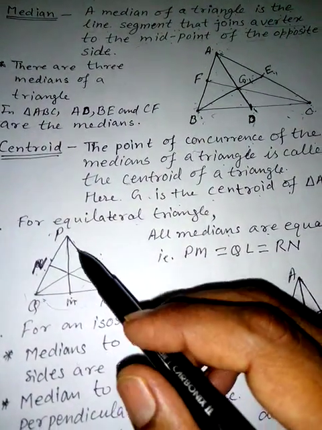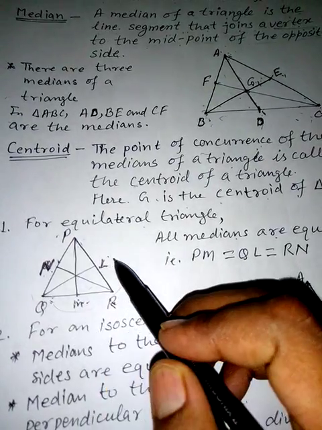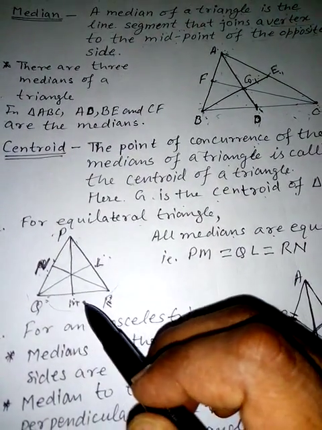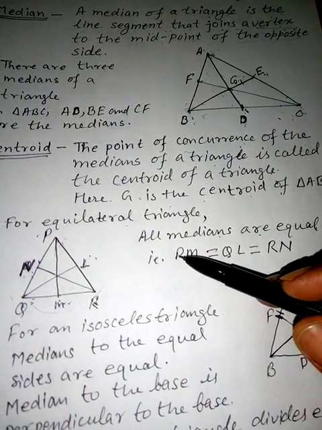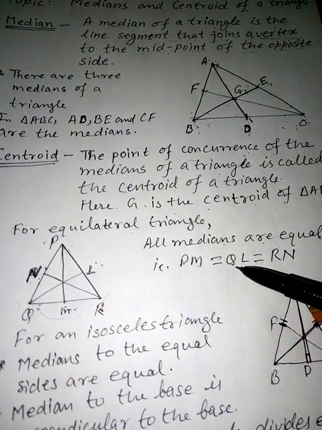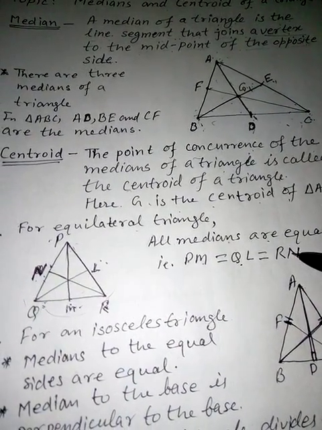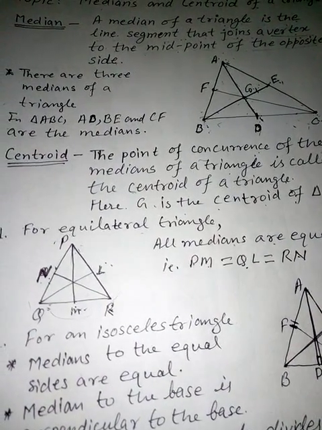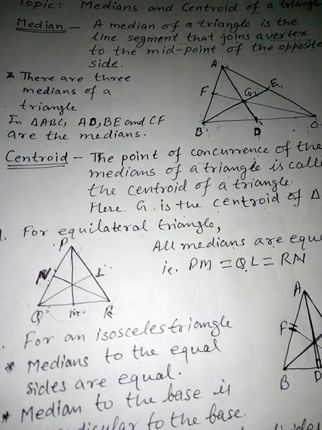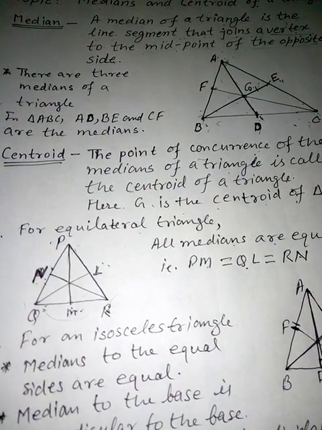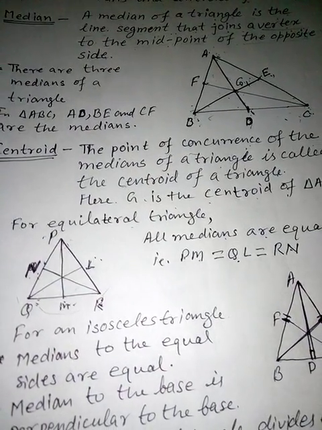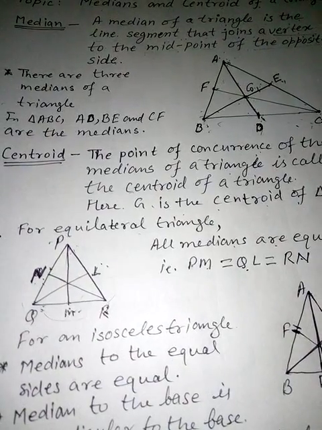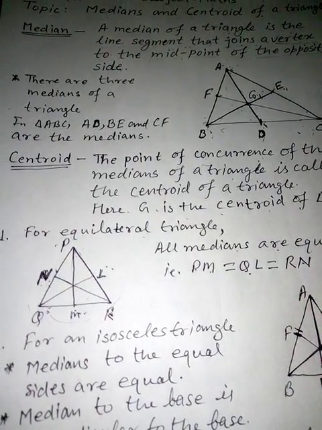It means PM, QL and RN, all these medians are equal. So PM equals QL equals RN. We can say that in an equilateral triangle all medians are equal.